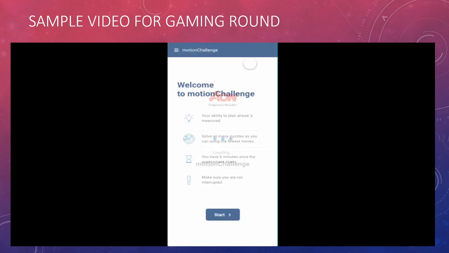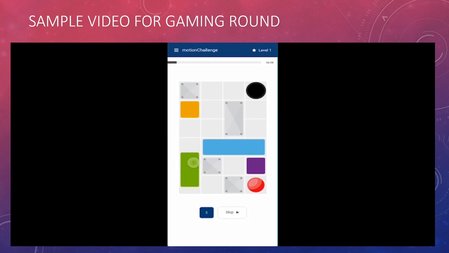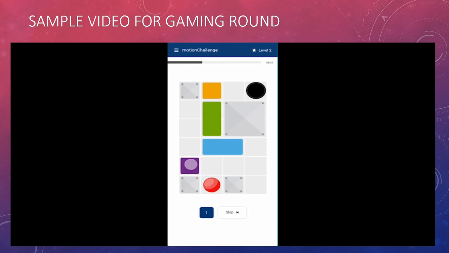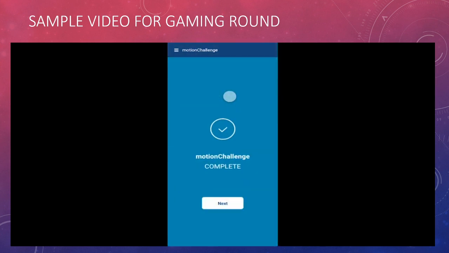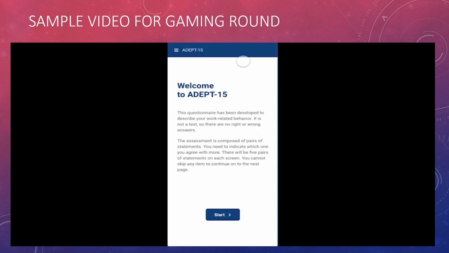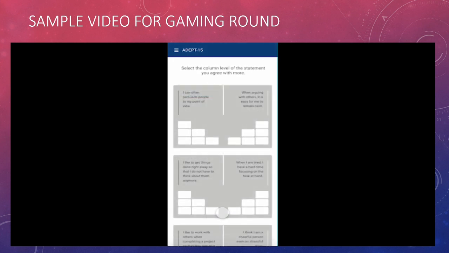Moving towards the motion challenge. And the last one is adapt 15.